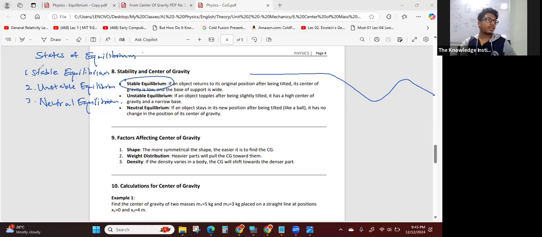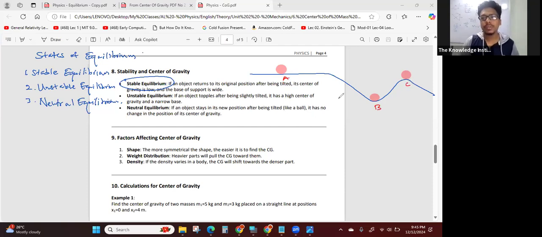Let's say I have a bottle that is placed here, here, and one placed here. Say this point is A, this is B, and this is C.